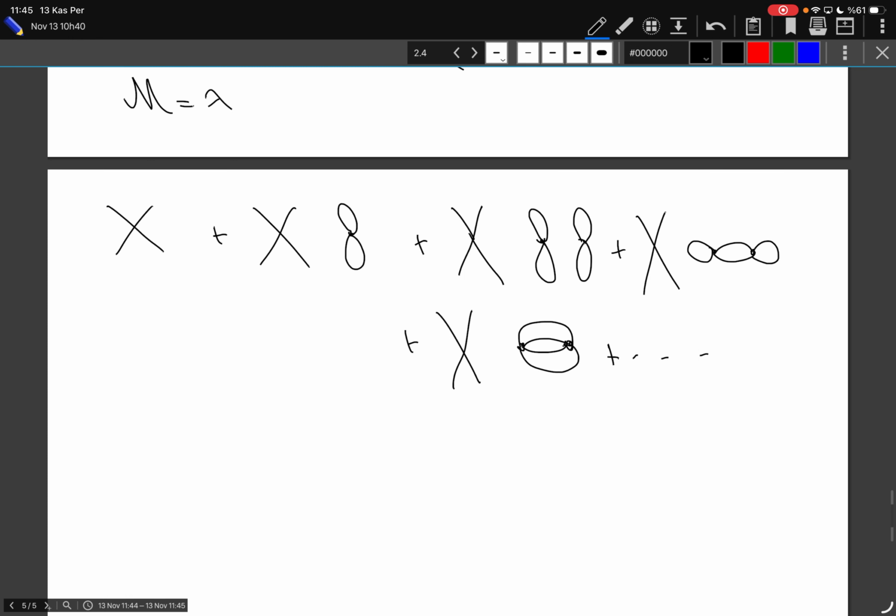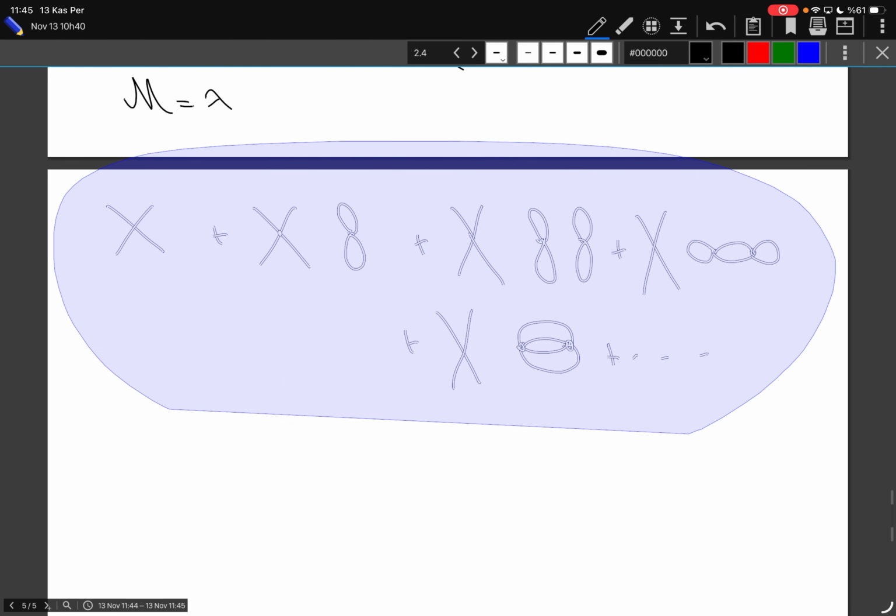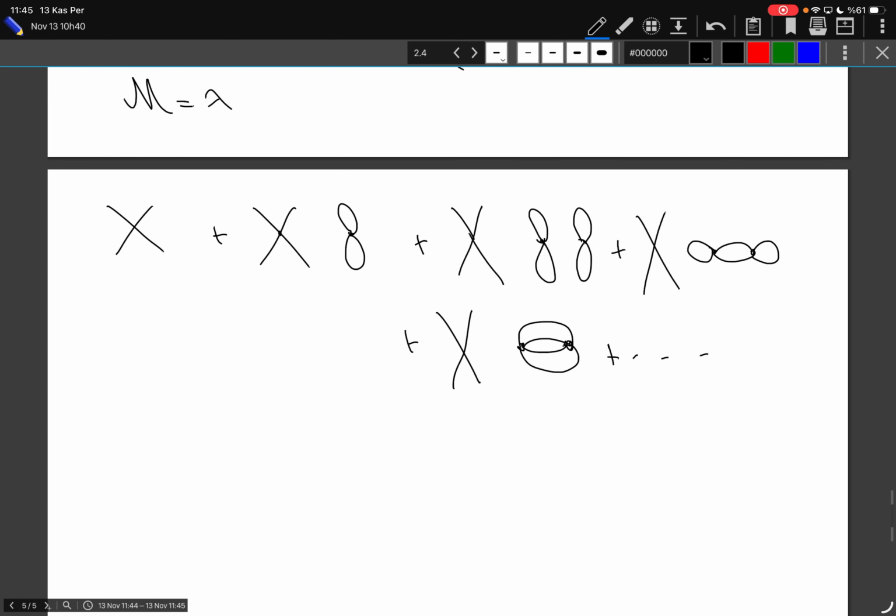And remember how we write the corresponding mathematical contribution for each diagram. You just multiply them. Each line will be a propagator, each vertex will be some factors of lambda. Just multiply them. So each one of these diagrams, in this case, for example, has the contribution from this diagram as common.